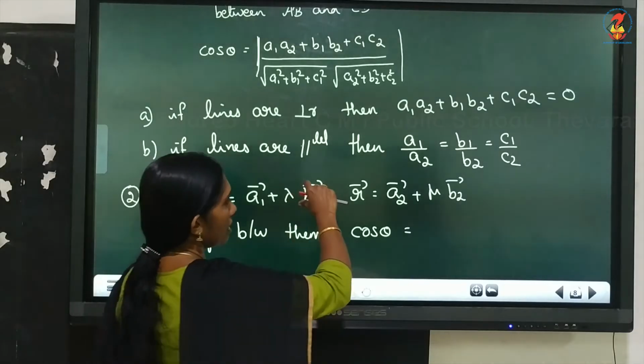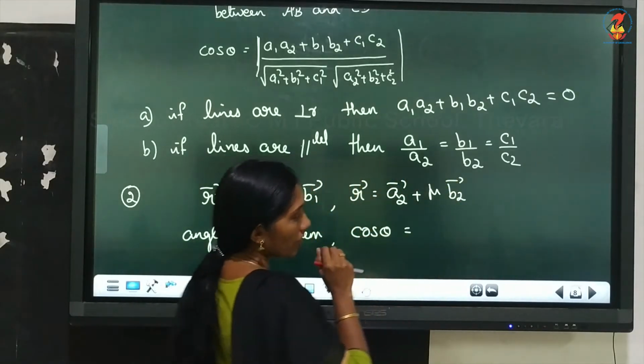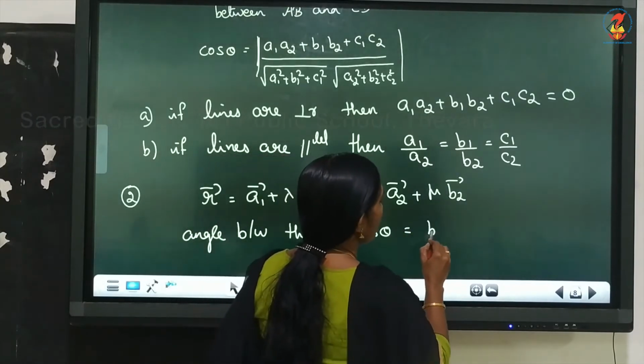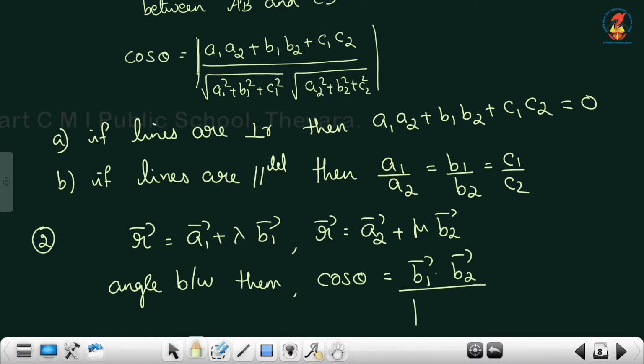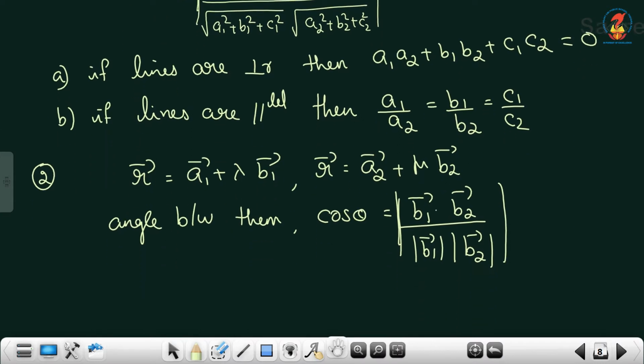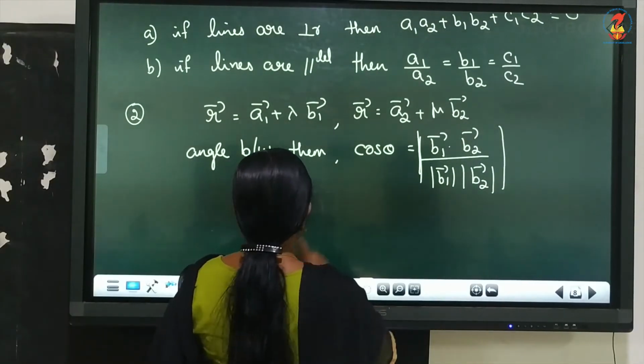You have to consider the parallel vector. So cos theta is equal to vector B1 dot vector B2 by modulus of that. Modulus is calculated like this, into mod B2. Okay, you have to take the modulus value of this. Now, if Cartesian form is given, what is the Cartesian form?